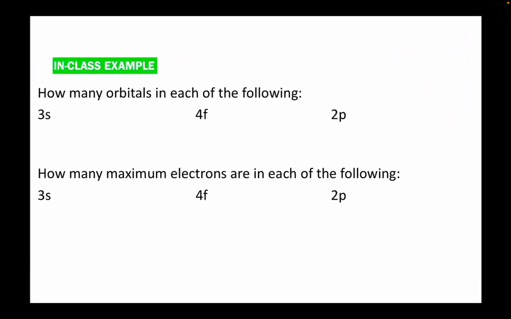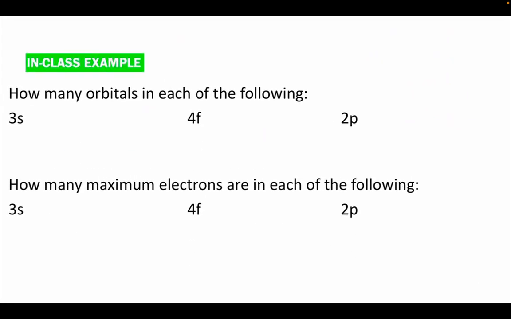So we'll do another one. So then how many orbitals in those same ones? So remember, N equals 3, L equals 0. So this one has 1 orbital, because back to our m sub L value, there's only 1.